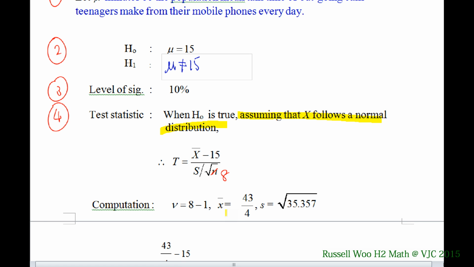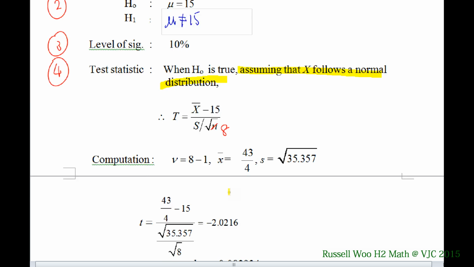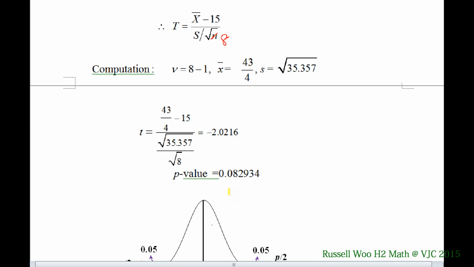I'm now very quickly going to show you how we are going to calculate the p-value here. Okay, so I'm going to show you how you get this 0.0829 from your GC. Follow me, okay?